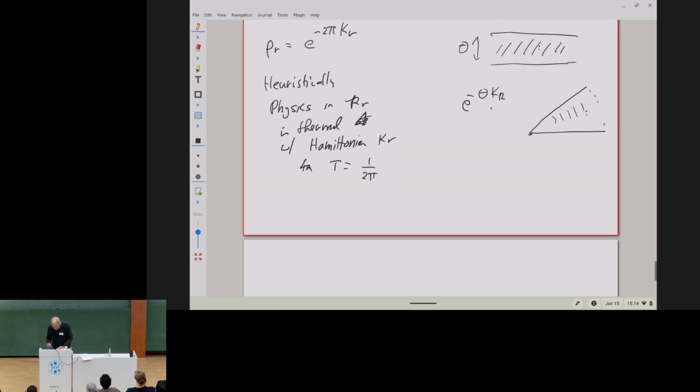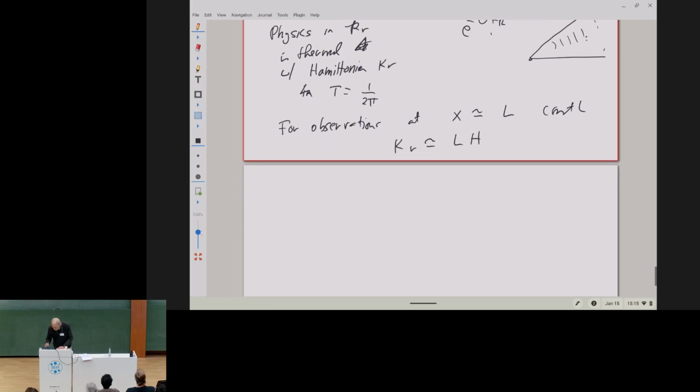And I think I already told you that for observations at, let's say, x approximately L for some constant L, K_R is approximately L times the ordinary Hamiltonian. So such observations will see ordinary thermal physics at a temperature 1 over 2 pi L, right?